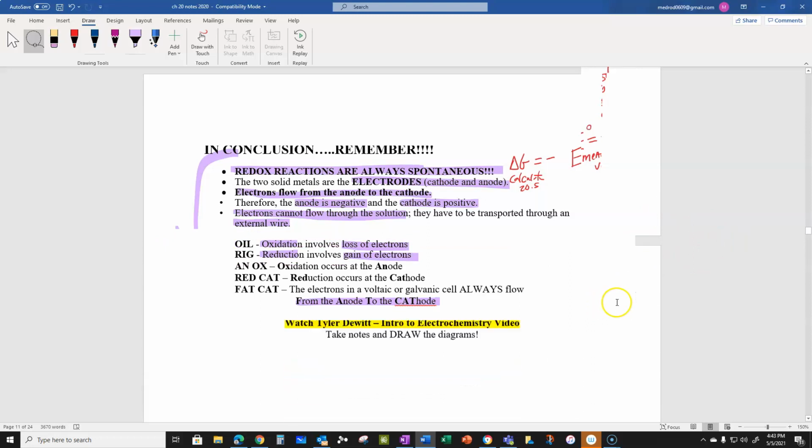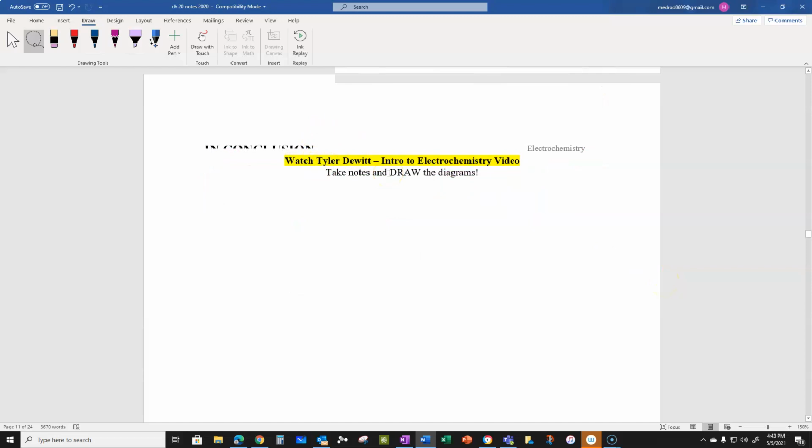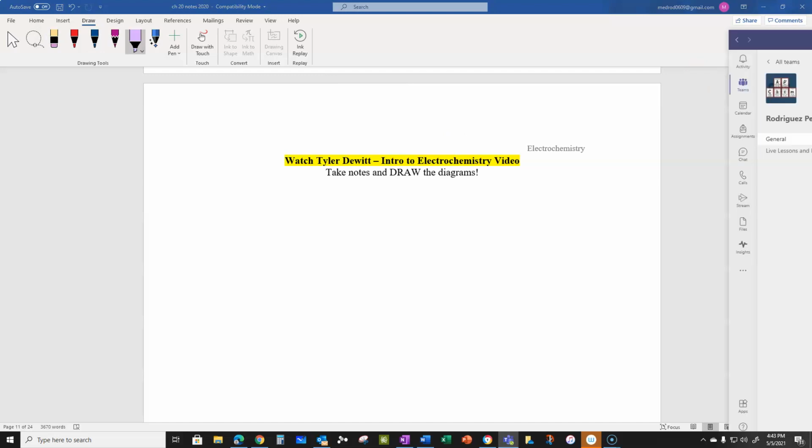These next two pages are called Unpacking and Drawing. Tyler DeWitt, I love his explanations. You saw him in honors. I think he does a fabulous job explaining chemistry in a simpler way. Let me show you where his videos are.